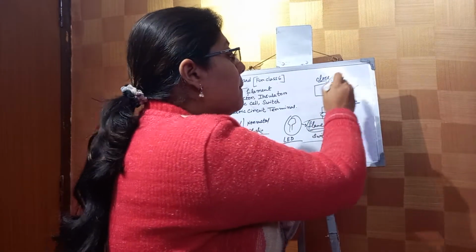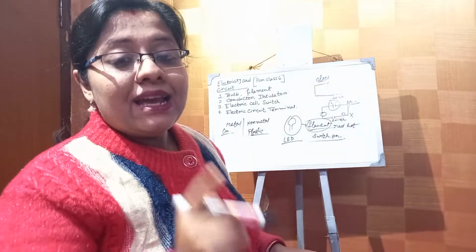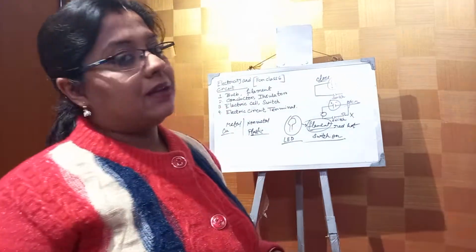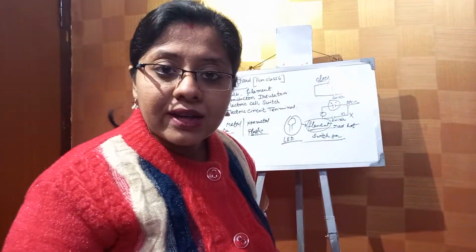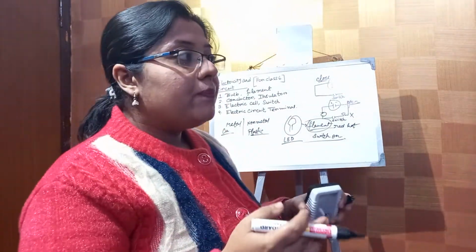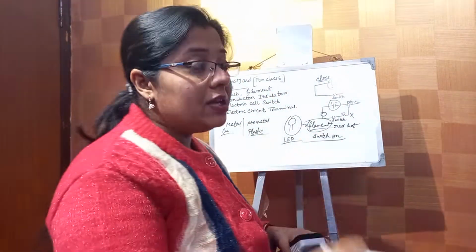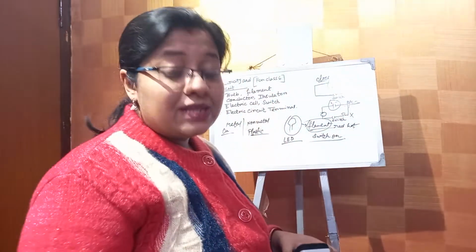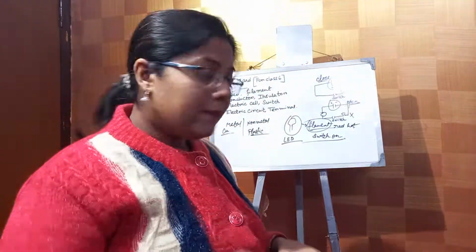The switch, bulb, cell are called electrical components of a circuit. So if I ask you, beta, what are the components of a circuit? You can say, ma'am, the things present inside the circuit like switch, bulb, electric cell, wire are called the components. Okay?